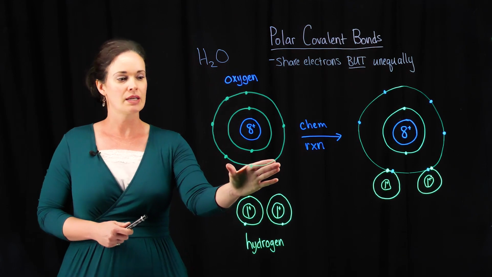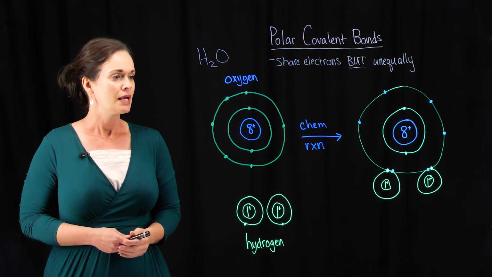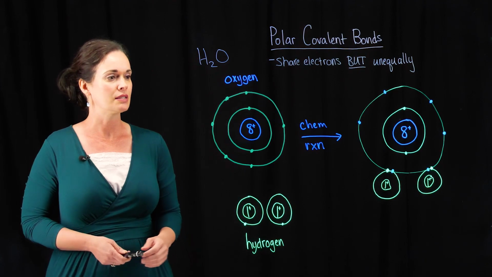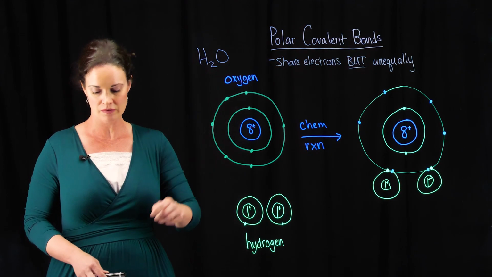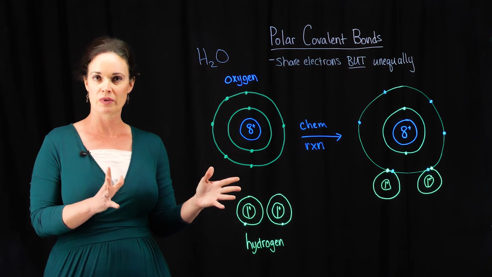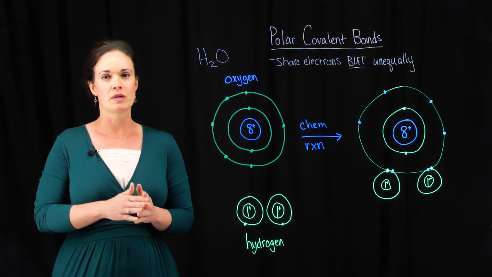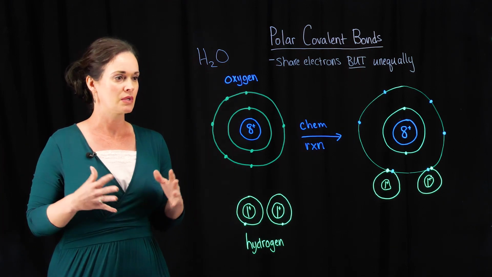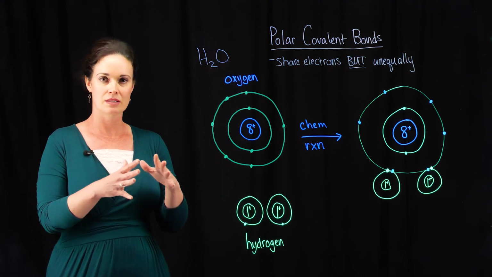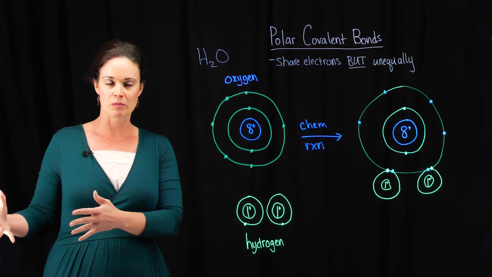So I have drawn out an atomic orbital model, a representation of what oxygen looks like. And you may remember that it has 8 protons that are located in the nucleus. So here's my little example of the nucleus, and to keep it simple, I just drew 8 plus, meaning that we've got 8 positive charges there in the nucleus. And you may also remember from back when you learned atomic structure that all of these atoms, at least in their natural form when they're not ions, have the same number of electrons and the same number of protons.